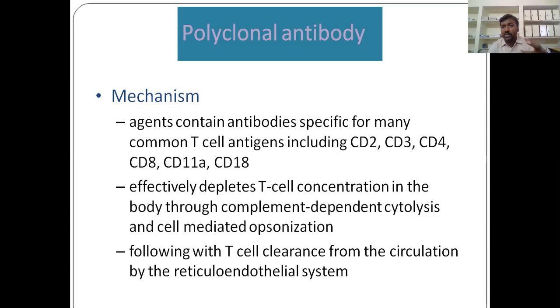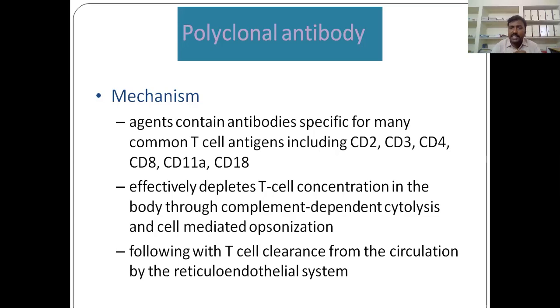Here, the polyclonal has many antibodies against T cell antigens, including CD2, CD3, CD4, CD8, CD11, and CD18. They effectively deplete the T cell concentration in the body through complement dependent cytolysis and cell mediated opsonization.